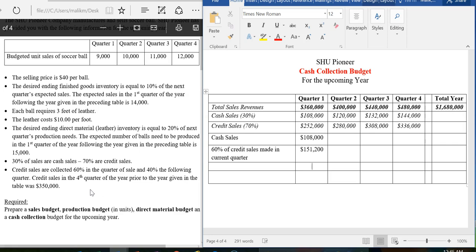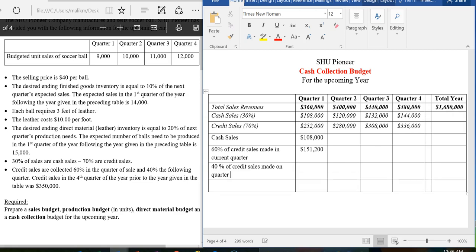So $350,000 is their past quarter's credit sales, and 40% of it will be collected in this quarter, Q1. Right. So now if I write it, I can just put a little explanation, which is 40% of credit sales made one quarter ago will be collected in this quarter.